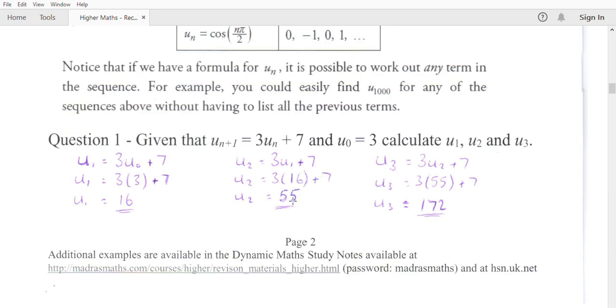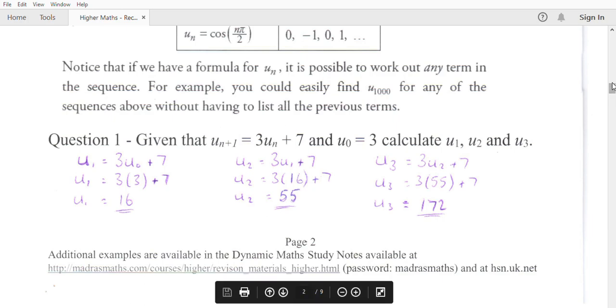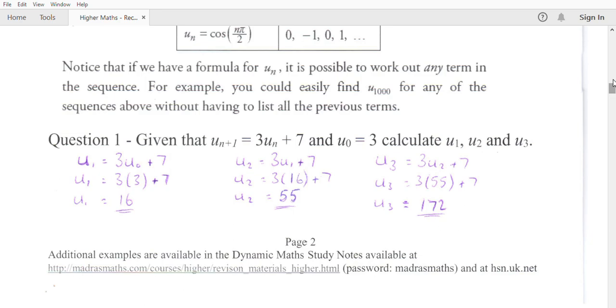Again, we know U2 is 55. So U3 is 3 times 55 plus 7, which is 172. So notice we couldn't jump straight from U0 to U3. We needed to calculate U1, U2 and U3. So there is a very quick introduction to recurrence relations.